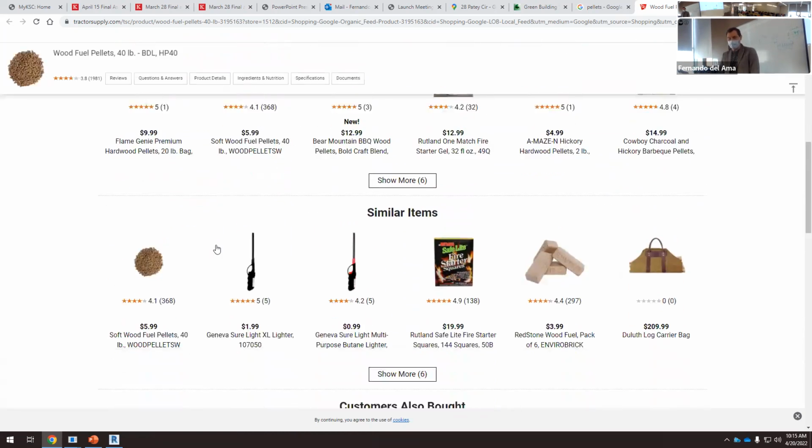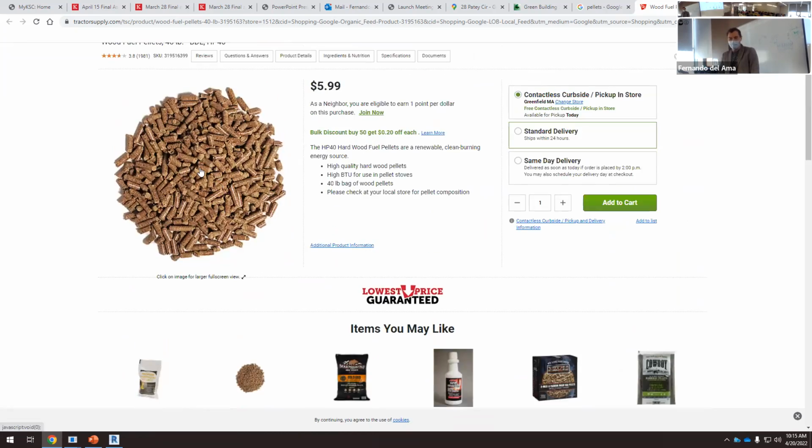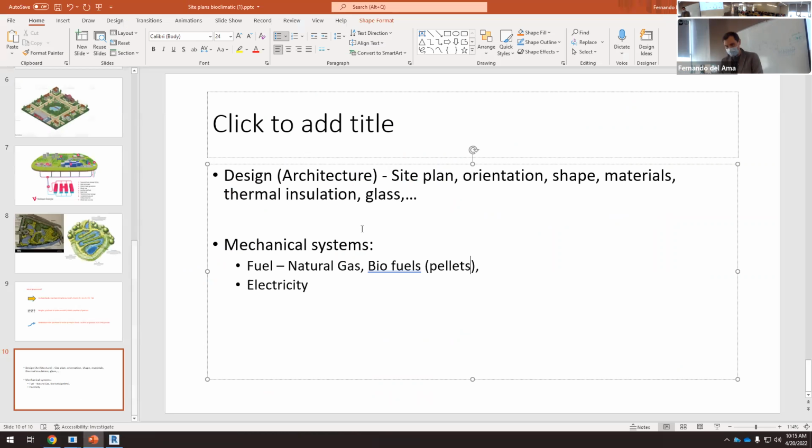But basically it's wood. This would be a kind of biofuel. Then we have oil. We have other fuels, but when we are talking about something bio, it's something that comes from plants. We can use fuel boilers, and if we're using natural gas, please use condensing boilers.